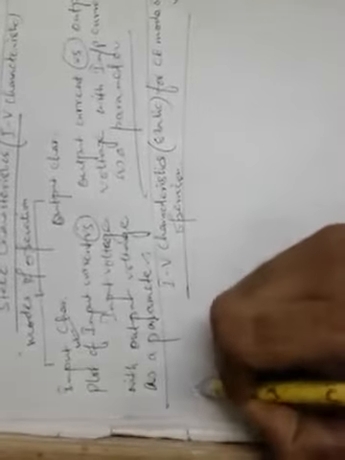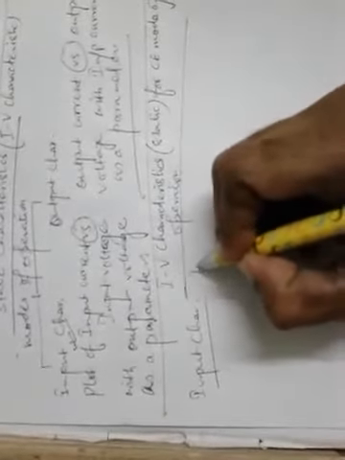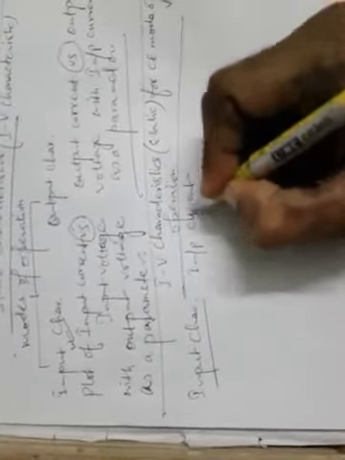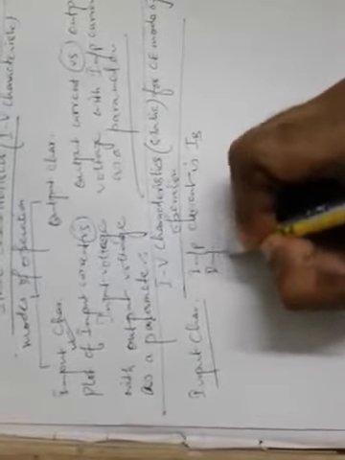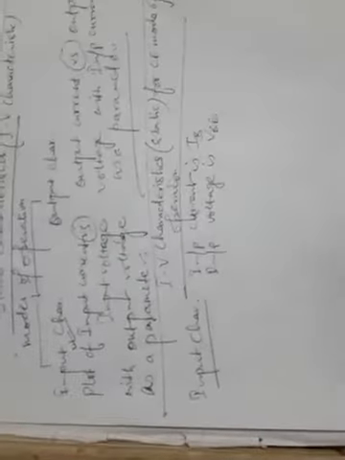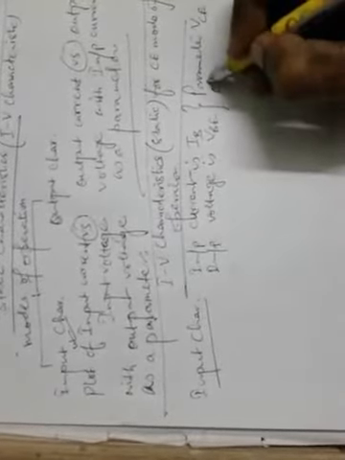So to plot the input characteristics in case of common emitter mode of operation, the input current is IB, the input voltage is VBE, and the parameter is VCE, because in that case VCE is the output voltage, as you know the collector and emitter loop is the output loop.